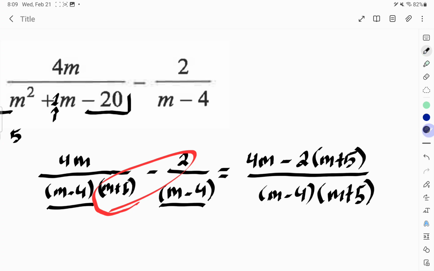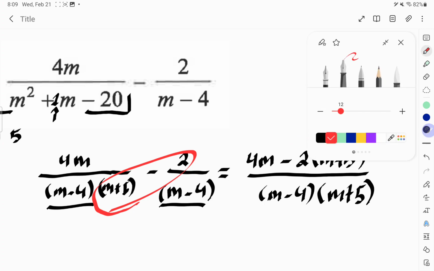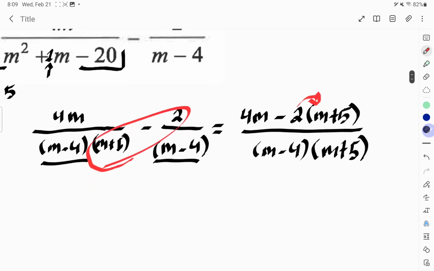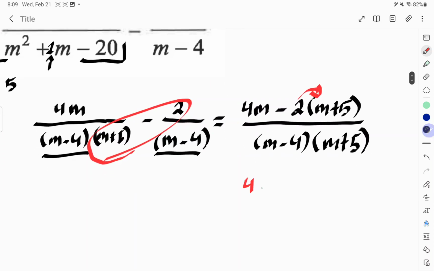Now the only thing I need to do at this point is distribute. I'm going to distribute the negative 2 to the m and to the 5. So negative 2 times m is going to give me negative 2m. Now negative 2 times 5 is a negative 10.